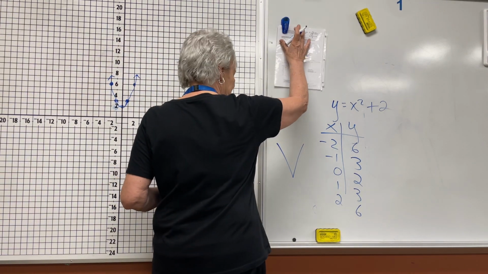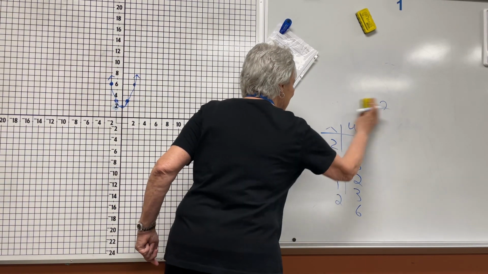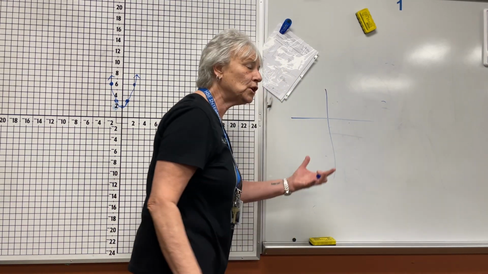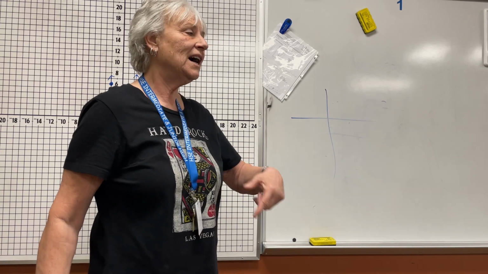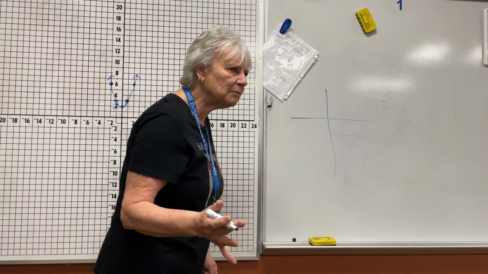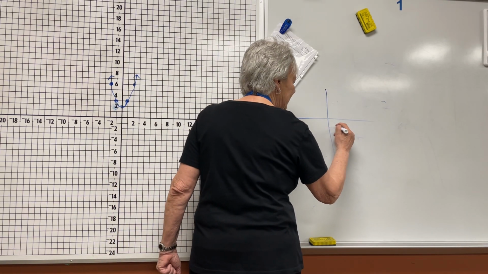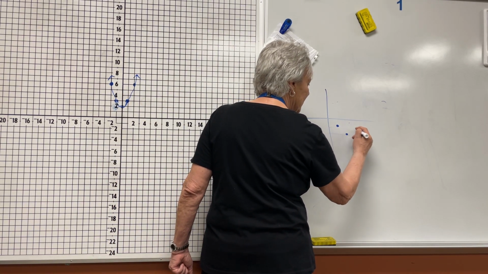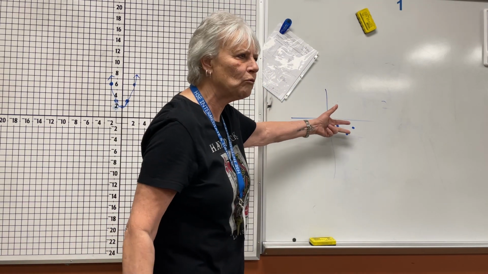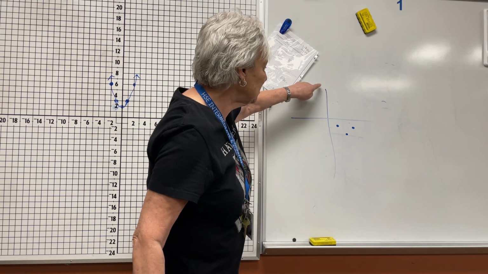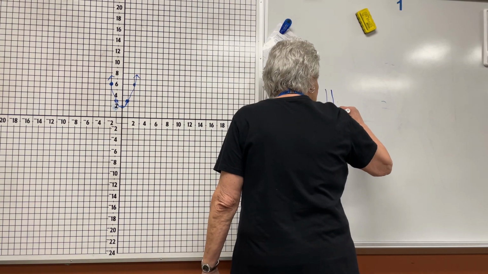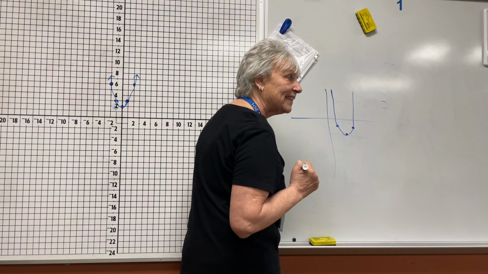Also, when you are graphing, make sure you have enough points. You can pick anything you want for x. I'm just telling you, it's easy to start with negative 2, negative 1, 0, 1, 2. You can put any numbers you want. But let's say you get a point here, a point here, and a point here, and just pick some random point that's up higher so that you know that your parabola doesn't necessarily go like that.